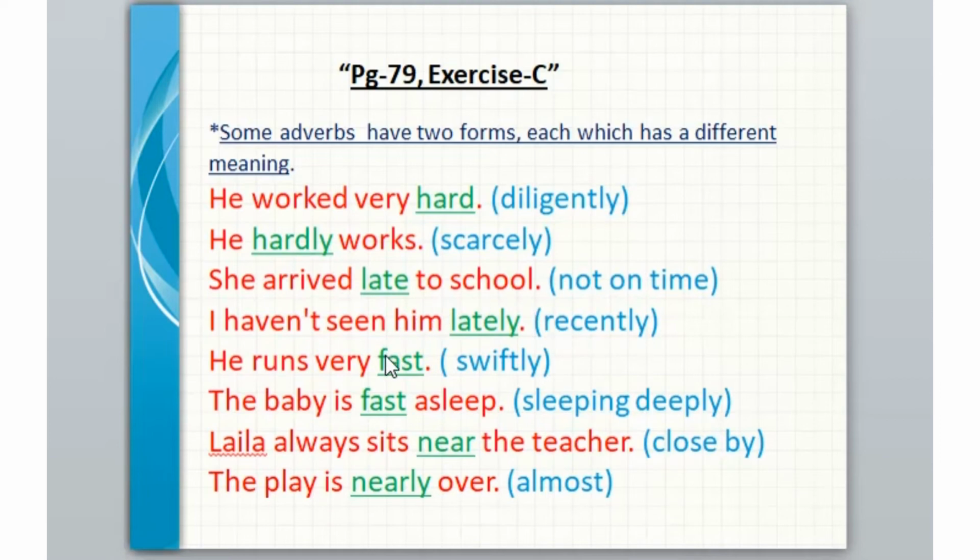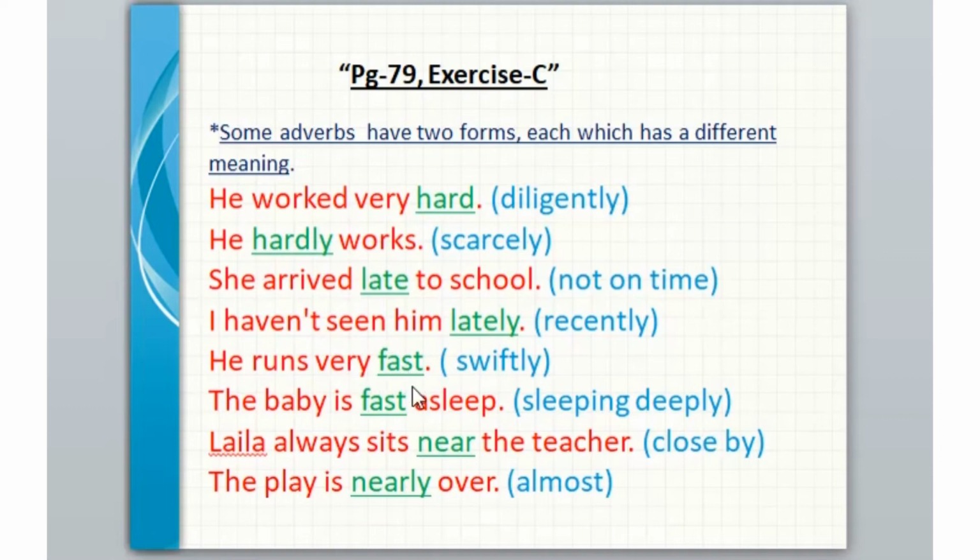Now let's focus on our next example. The next example is of fast. Fast is our adverb, and in adjective form also it remains the same. Students, we will focus on how it is used in different ways where the meanings change in a sentence. Now you see, he runs very fast. Runs is the verb we have here, and this verb is modified by fast, our adverb.